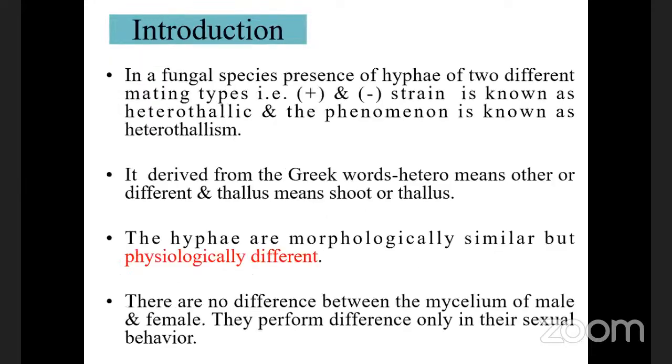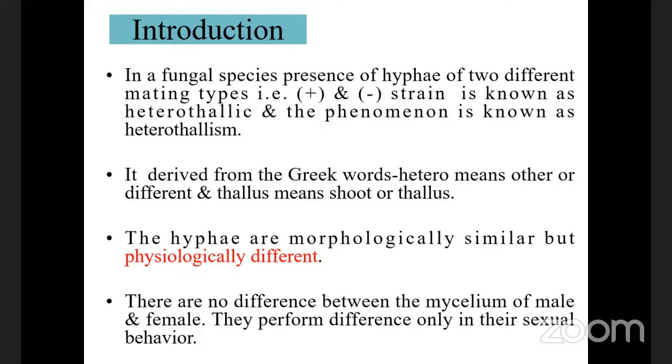In this topic, we are going to discuss heterothallism. Heterothallism means the hyphae have two different mating types.